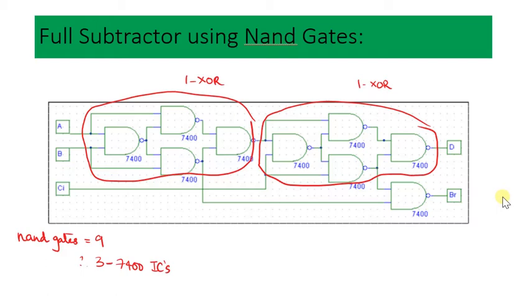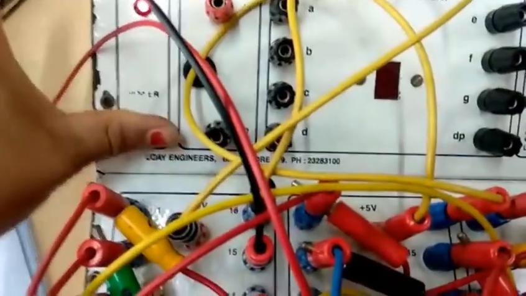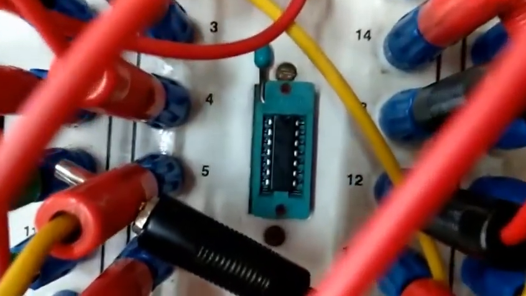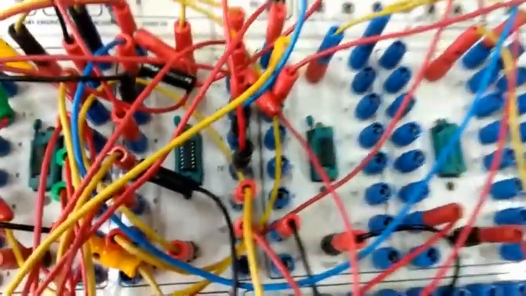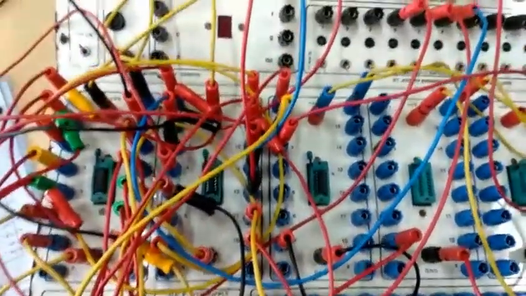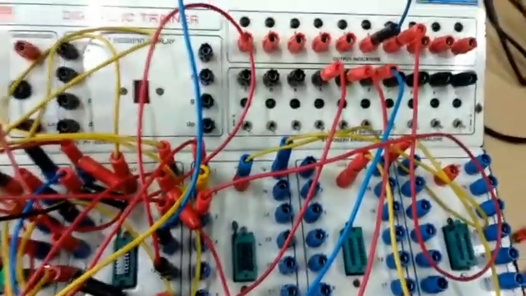Since there are 9 NAND gates, we will require 3 7400 ICs for the realization. So we switch on the power supply, place the 3 ICs, that is corresponding to 7400 NAND gate IC, and try to realize for 8 combinations of inputs what will be the difference and the borrow.